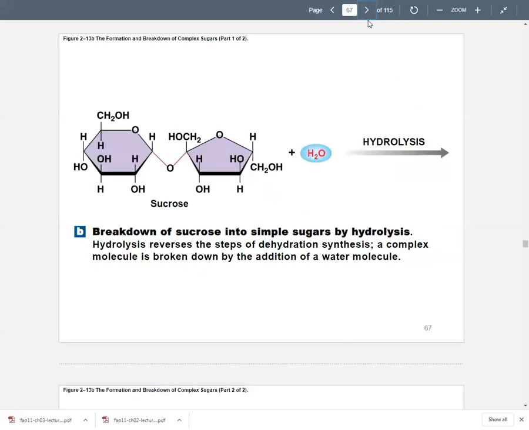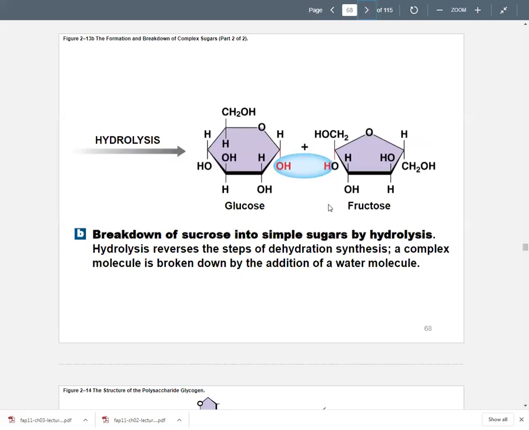Now the reverse reaction can happen as well. And here you're using water to break the bond between the two monosaccharides that were connected. So this is a polymer at this point. We're going to break it into two monomers. And that process is called hydrolysis. Hydro means water. Lysis means break. Okay, so it's breaking bonds with water.